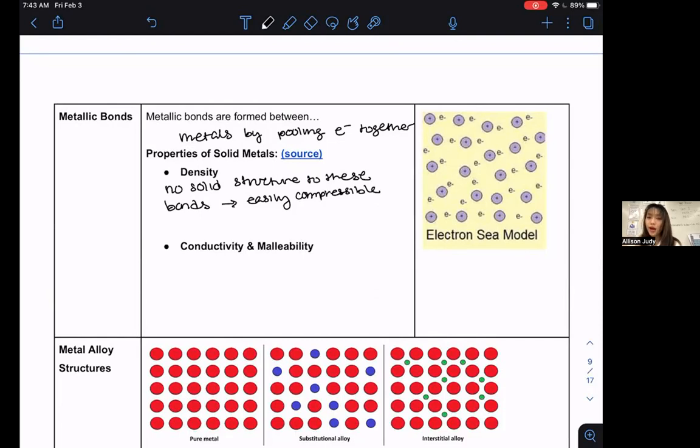pool every electron that you have and create what we call a sea of electrons, a kind of pool or bonding zone where you guys meet each other's needs. You're technically getting rid of your electrons.